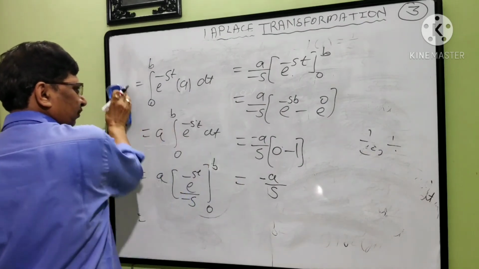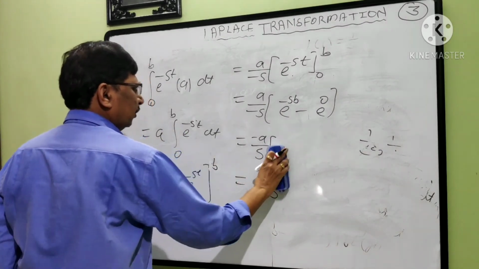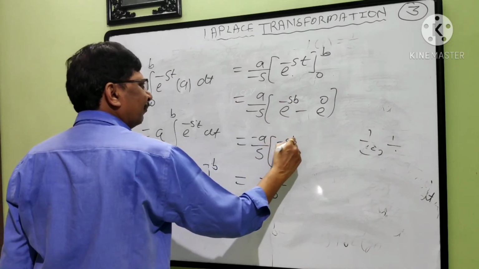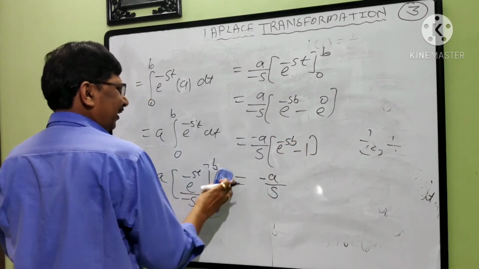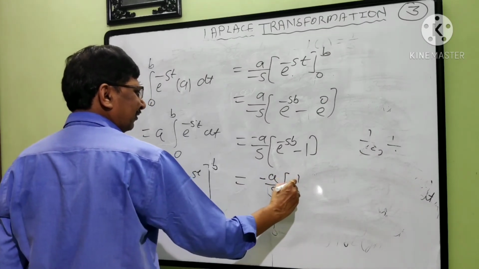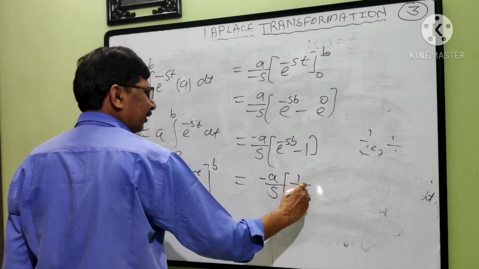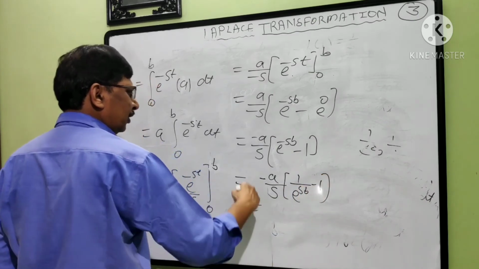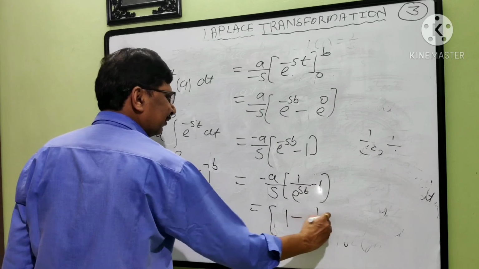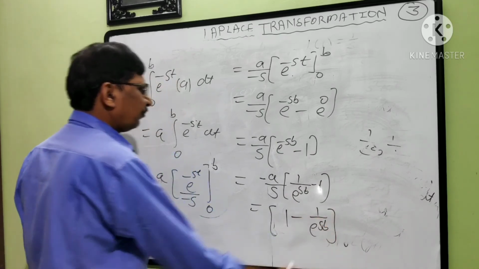That means e raised to minus sb minus 1. e raised to minus sb means 1 upon e raised to sb, minus 1. If you want to take this minus sign inside, this will be plus and this will be minus.